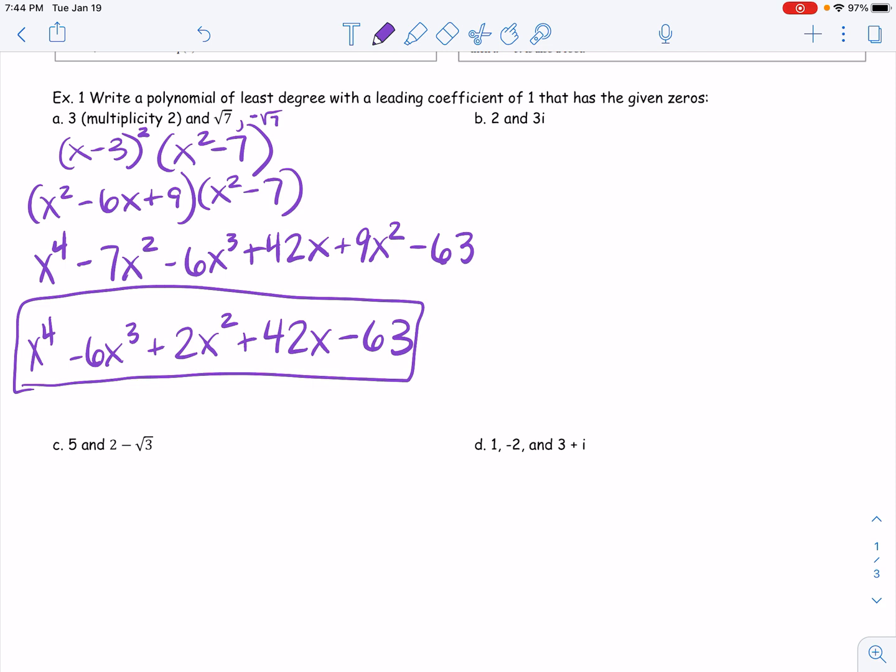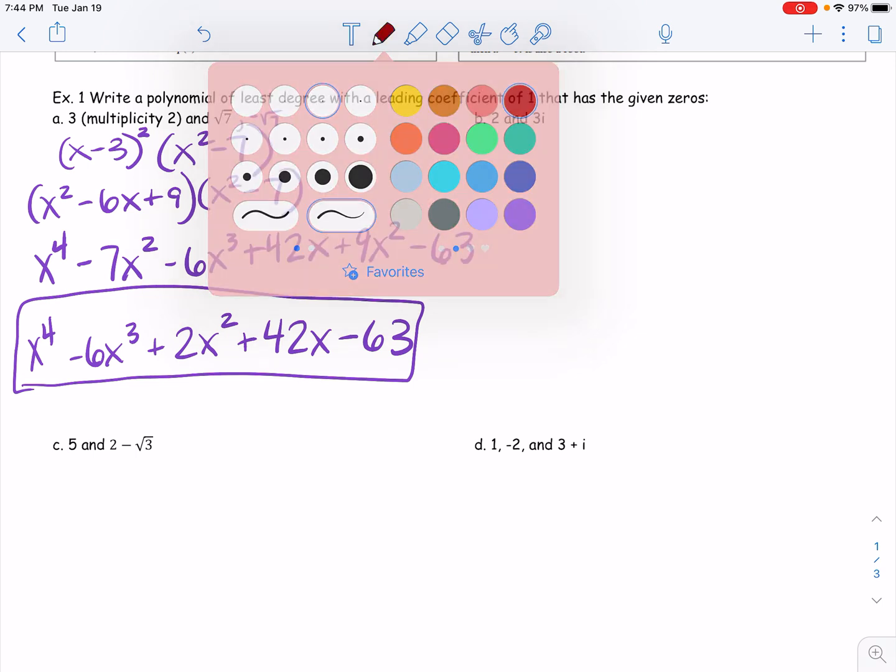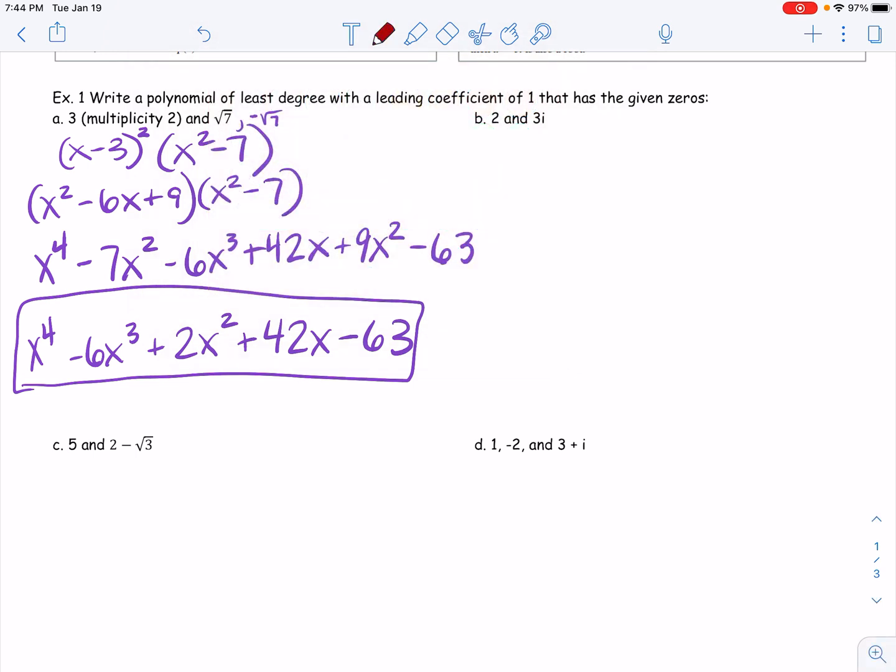Okay, let's try it again. The next one I have, what's the right color? I have a 0 of 2, so that would look like x minus 2. And I have zeros of 3i, which means I also have a 0 of negative 3i. So again, I'm hoping that you understand how to get those zeros of plus or minus 3i.